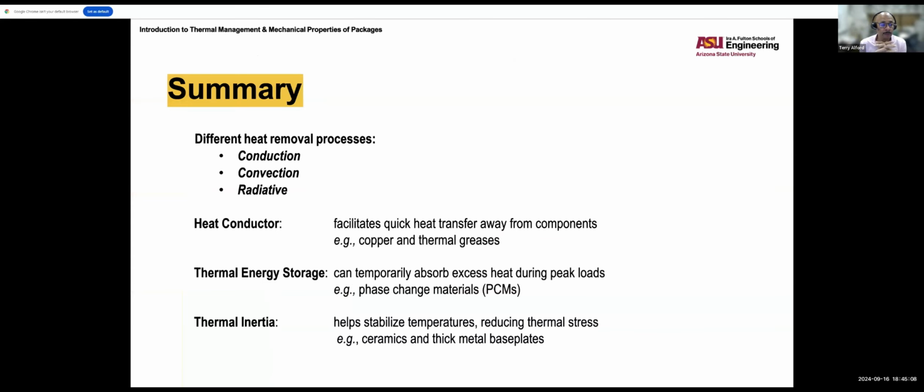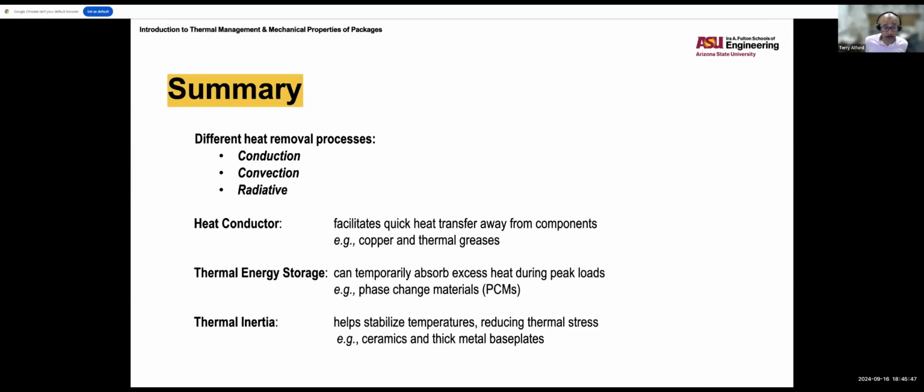So with that, we have three different ways to remove heat. Conduction, where we have molecules and electrons undergoing collisions and transferring that lattice vibration to other atoms or molecules, or through phonons. That's conduction. Convection, where we have a fluid interacting with the surface of a solid.